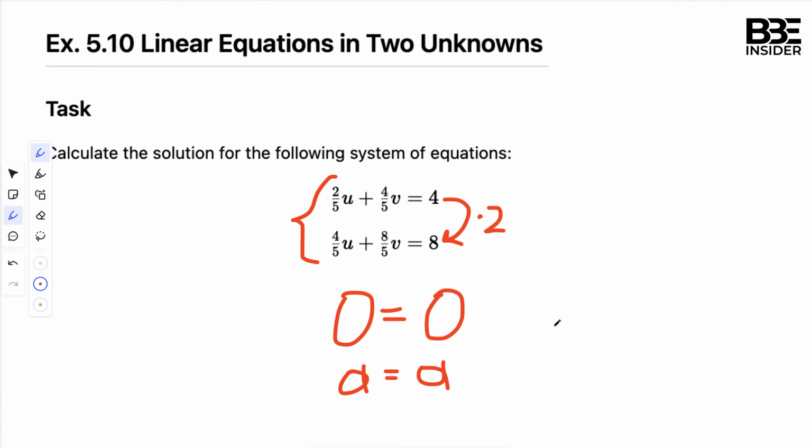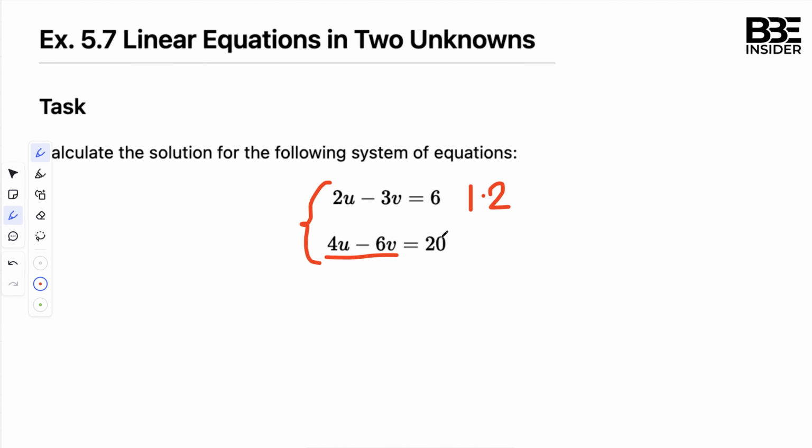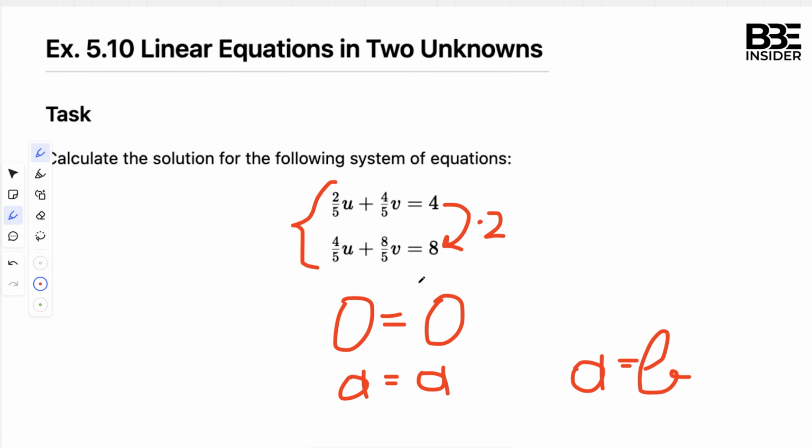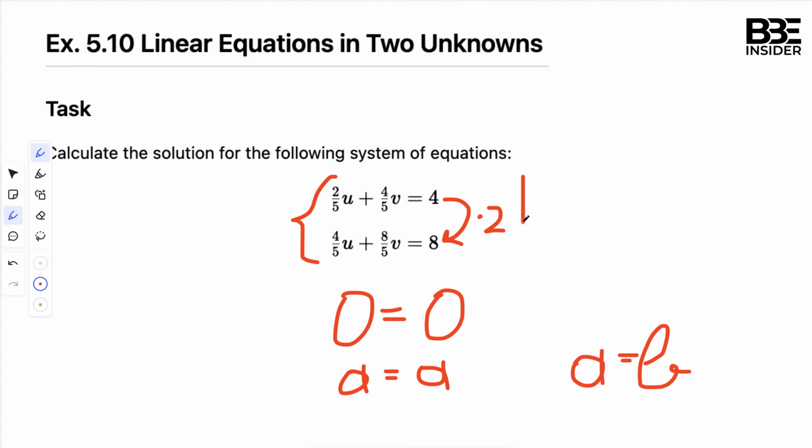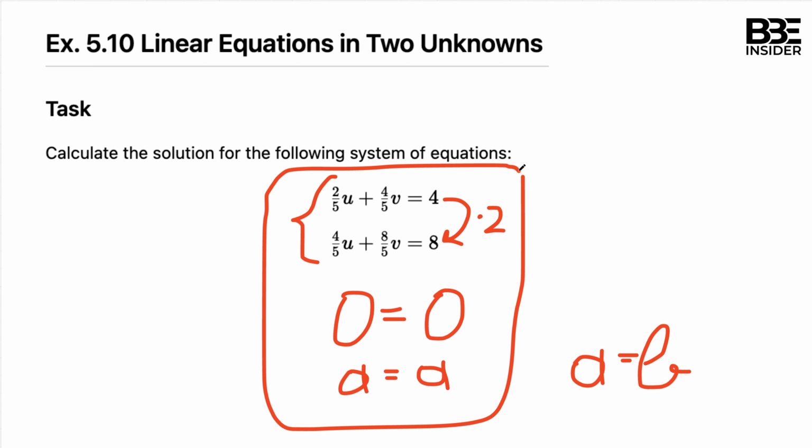In the case when you obtain, for example, a equals b, we have a false expression. And a false expression would indicate something like we had before, where we have two parallel lines which never intersect. But if they intersect in every single point, like in our case, we would have something like this.